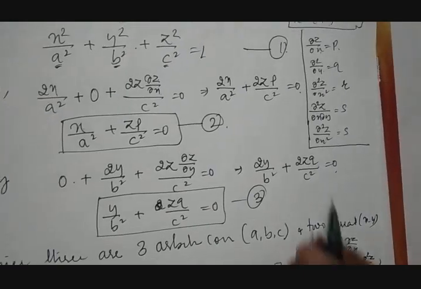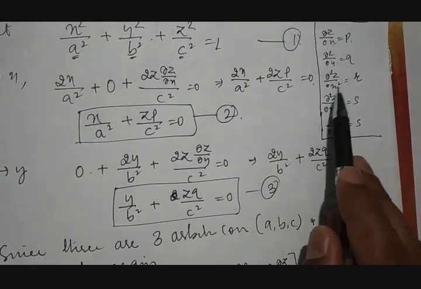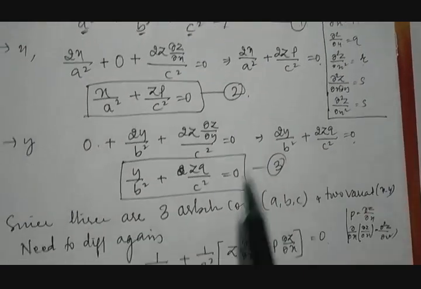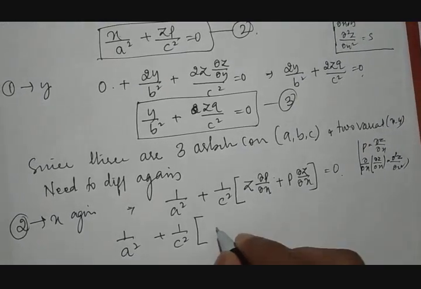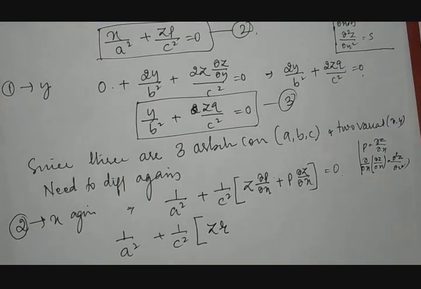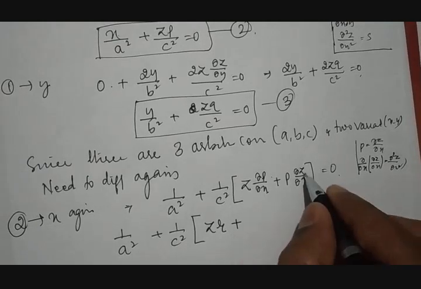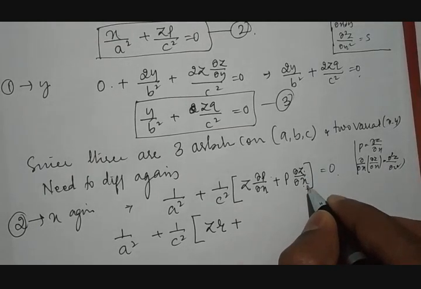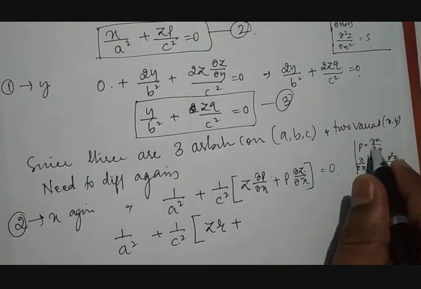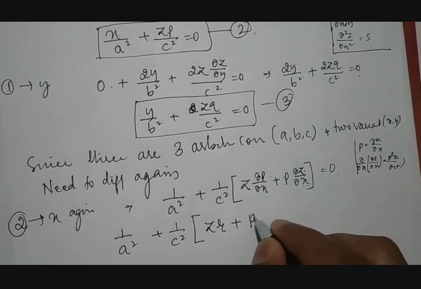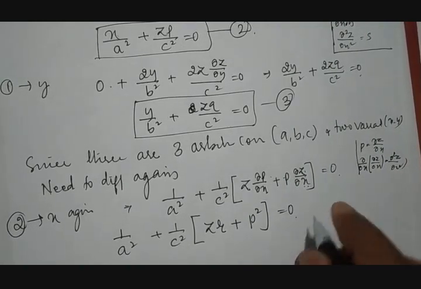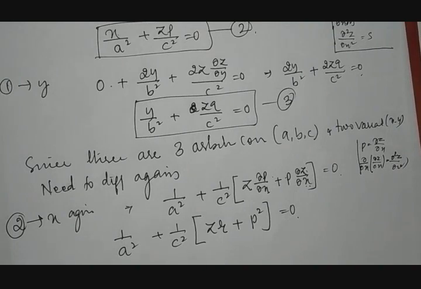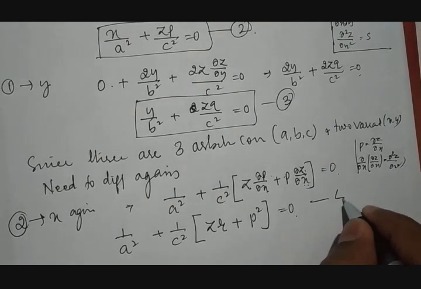But already we have that notation. Dou square z by dou x square is nothing but r. Therefore we will be taking this as r. So z into r plus dou z by dou x is nothing but notation p. Therefore p into p, it will be p square, is equal to 0. Fine. So this is all about equation number 4.